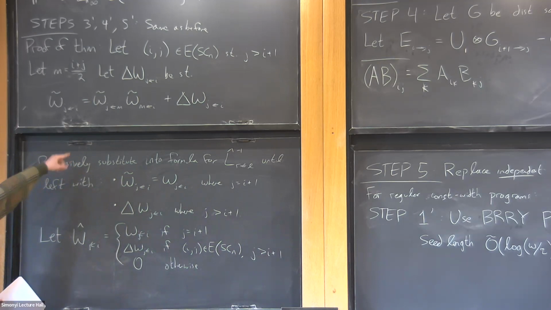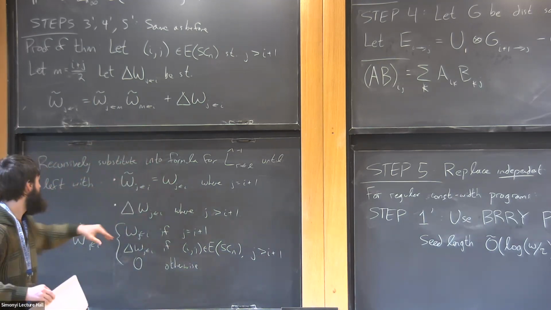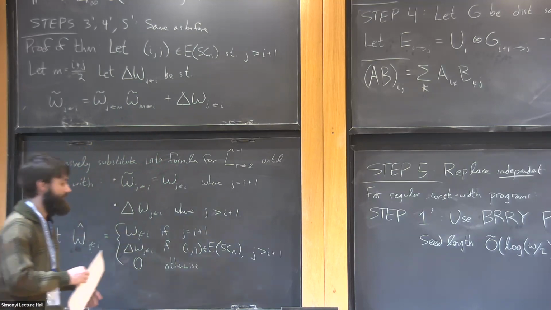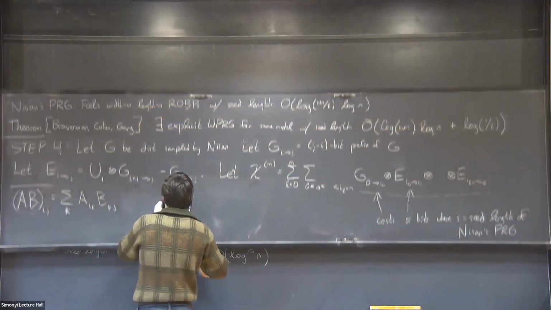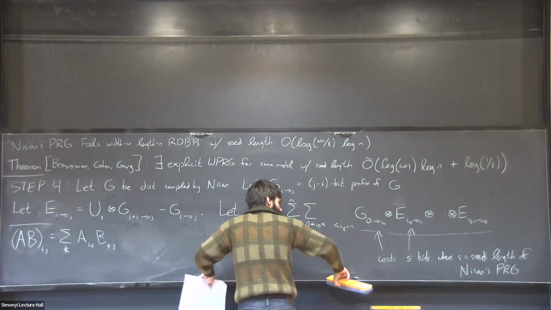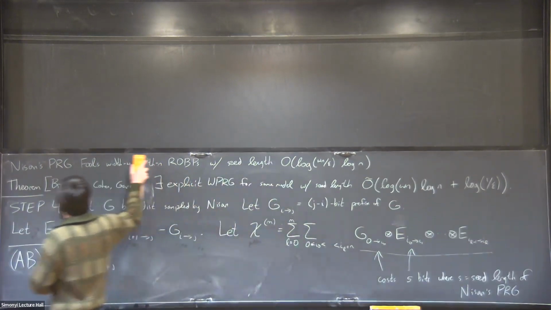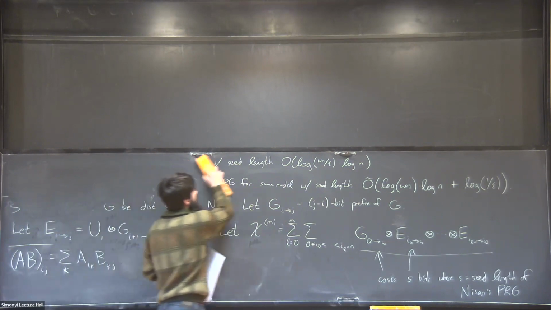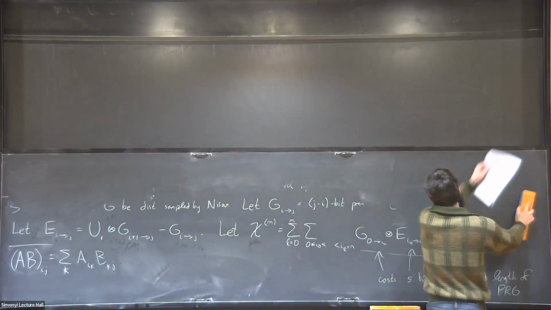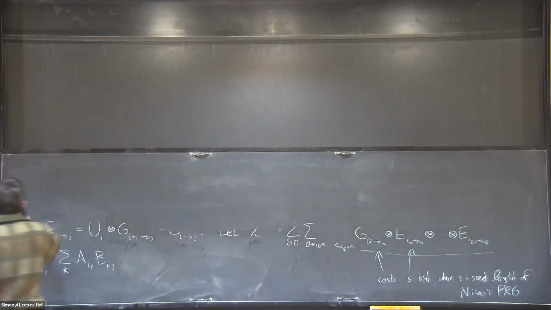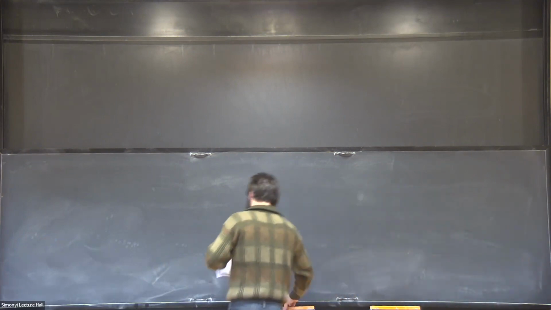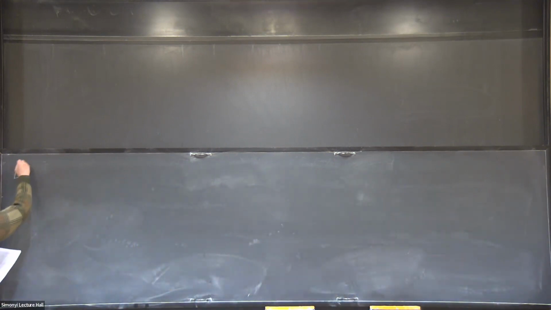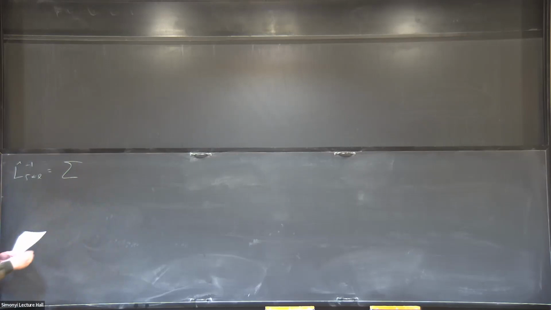So after we do this recursive substitution, after we keep putting this into that formula over and over, eventually we're left with a bunch of these W hat terms. And if you work it out, here's a place where you'll have to trust me a little bit. This is where we're using certain basic properties of that shortcut graph. But what you end up with is this formula for L hat inverse, which is the sum over all paths.